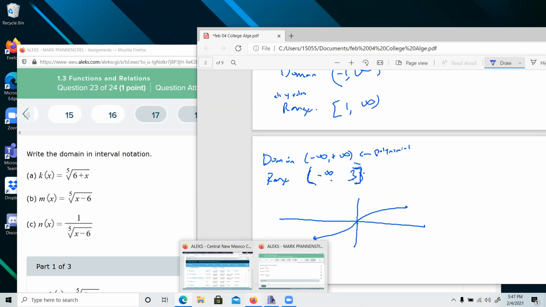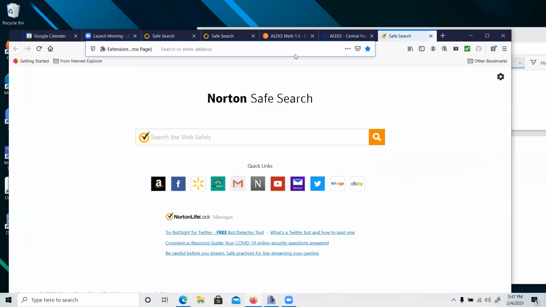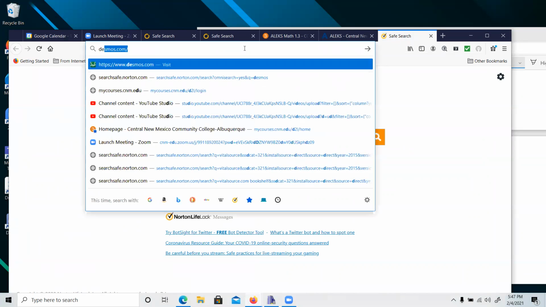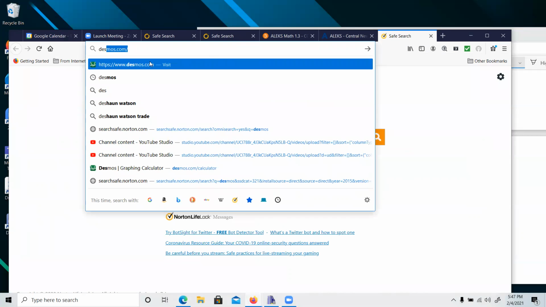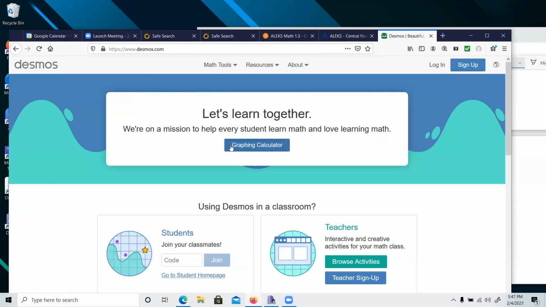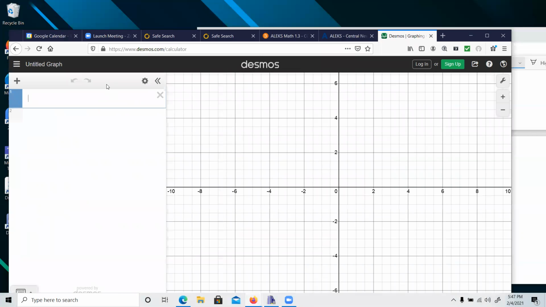Let's see, can I do this? Just to have a look at it. If I do y1 equal to x to the 1/3, this is the cube root of x.